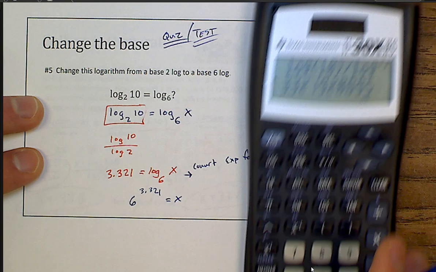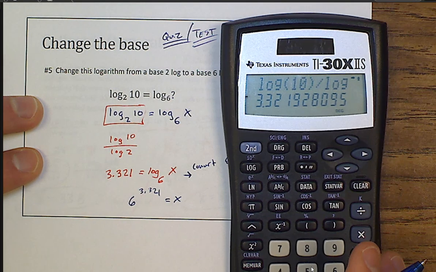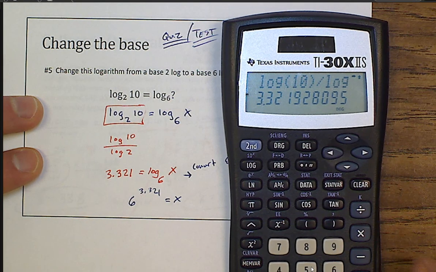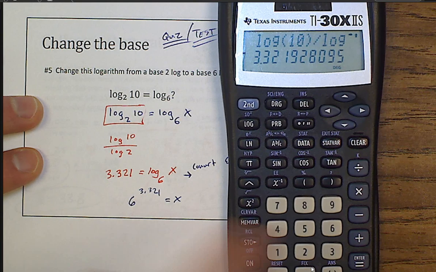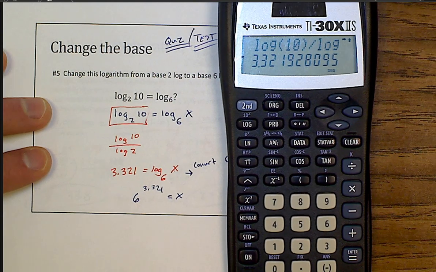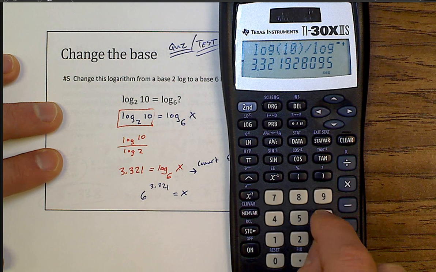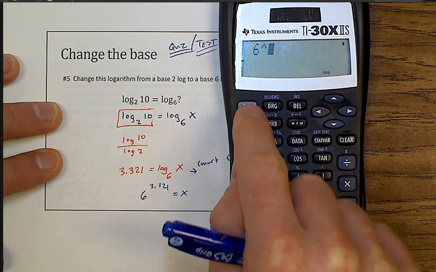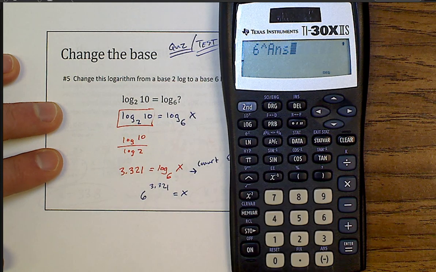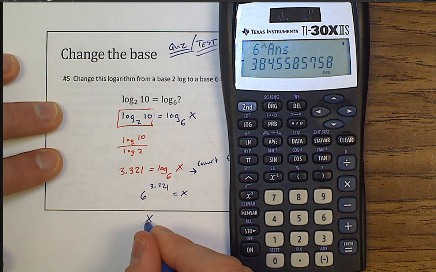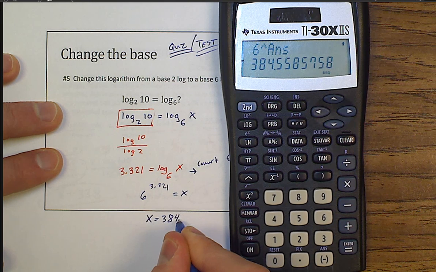So what I can do now is leave that decimal in my calculator and go 6, caret button, which means raised to my second answer that was just stored, and hit equals. So now x equals 384 point, I'll go 56.